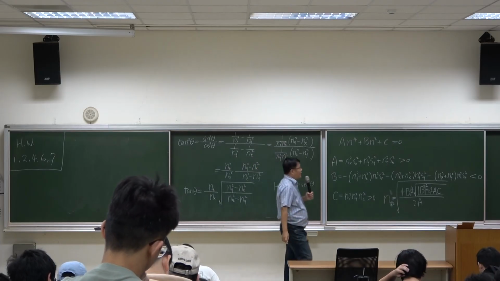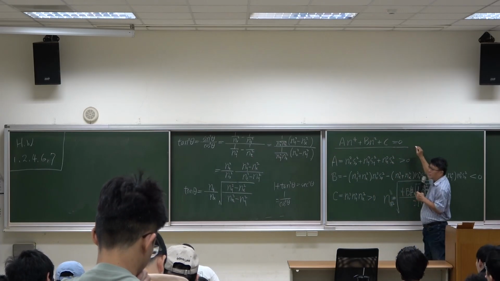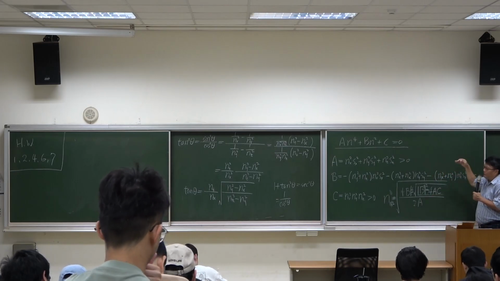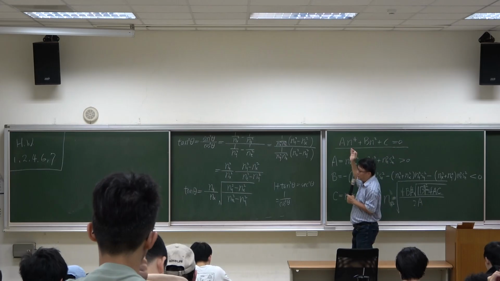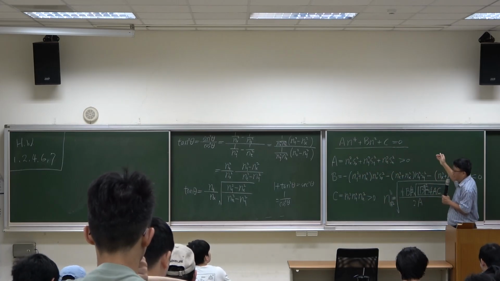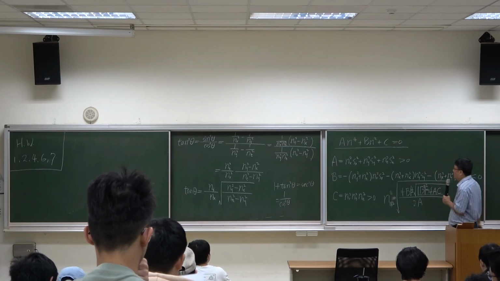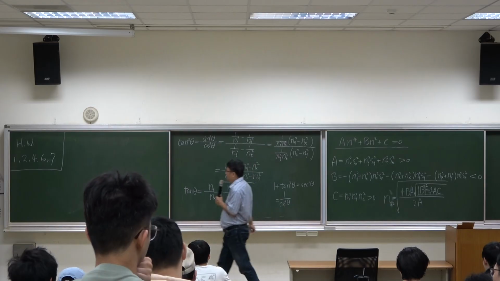I start from this equation because this is the equation of the refractive indices. Now I change its form to kx, ky, kz, and omega. Okay.